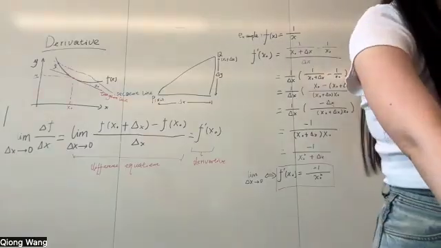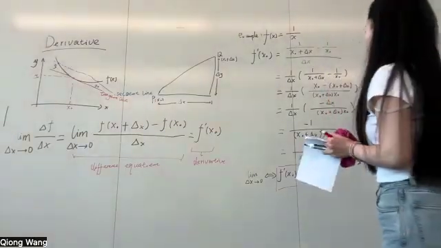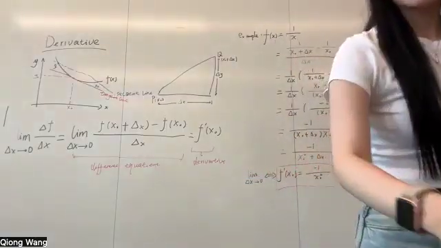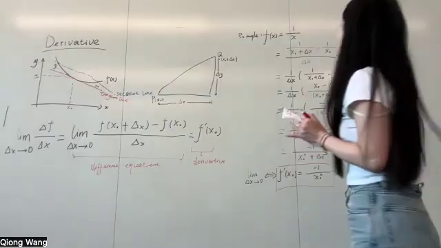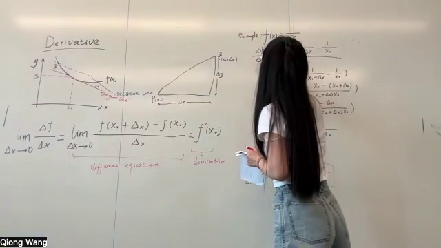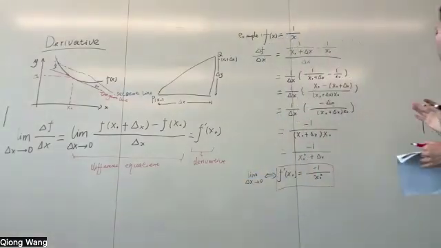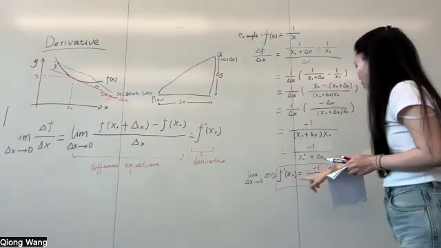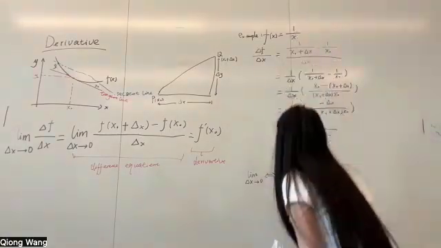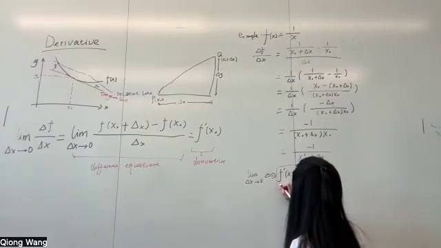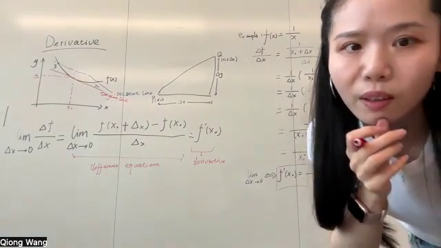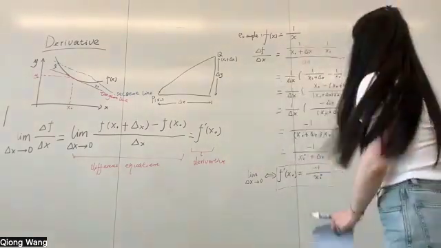So I cannot write it like this. I should write it like this, right? Yeah, this is good. And if I want to write this, I must put the limit. Let me check where I can put it. Oh, just like this. Okay.